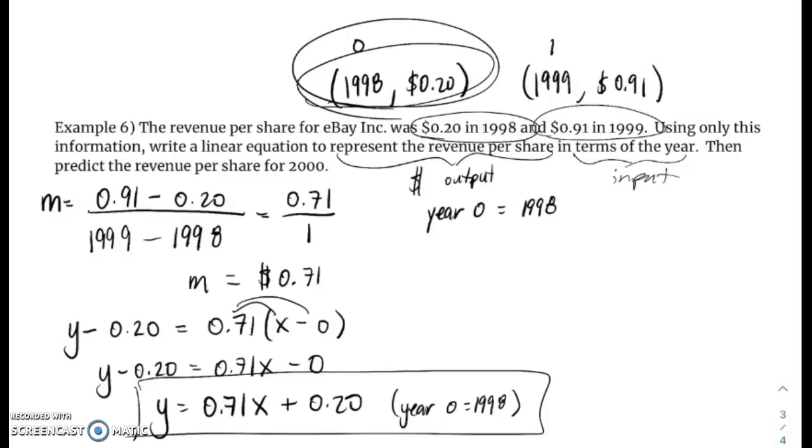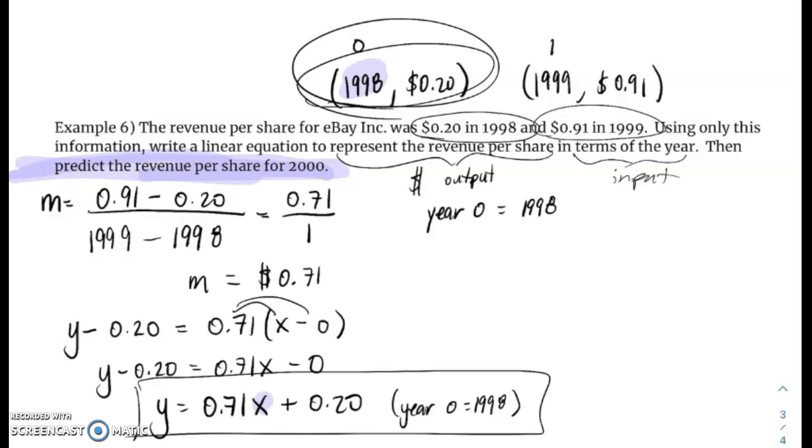Now, if I did not do the 0, 1 thing, then this would be a different looking equation, and you would use it a little bit differently. So here's what I'm talking about. Now they ask us to predict the revenue in the year 2000. So if I used 1998, I would plug 2000 in for my x.